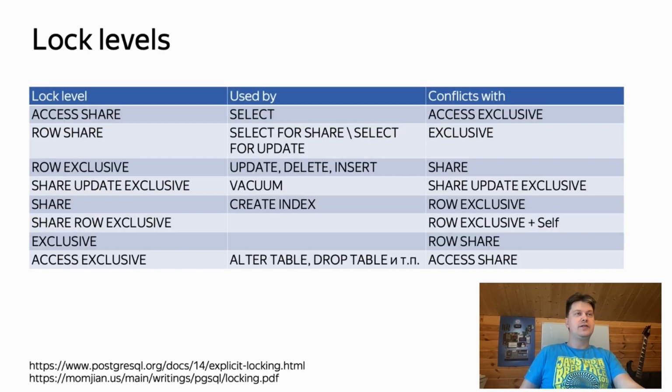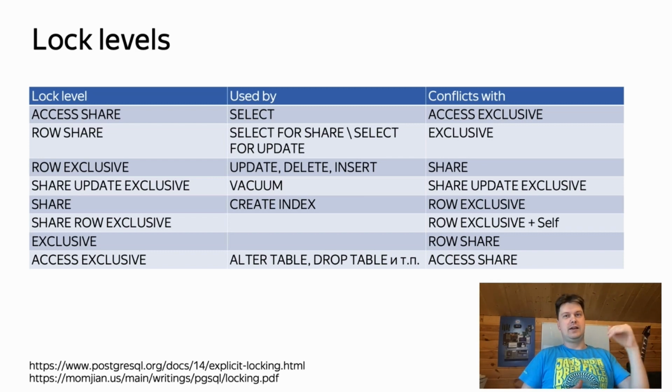These transactions might hold locks on a table, starting from the very simple access share lock taken by each select query. If you observe data within the database, you have to make the structure of the table you are selecting from immutable until your transaction is over.